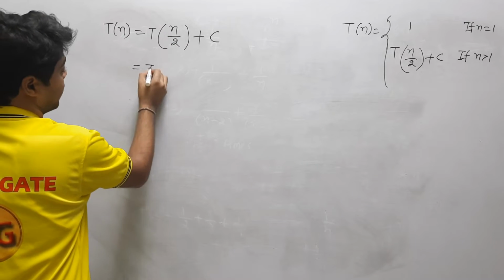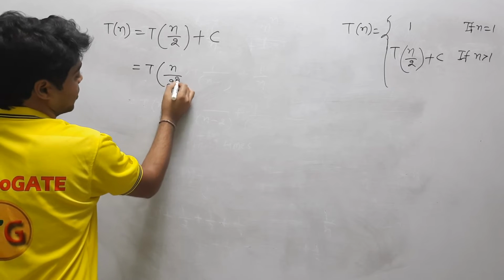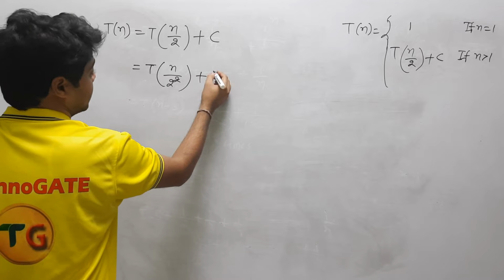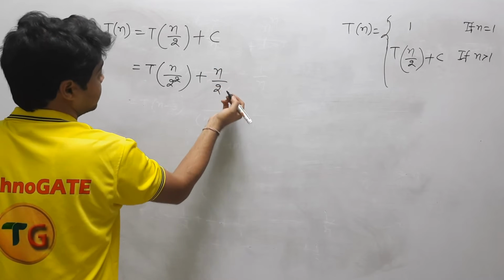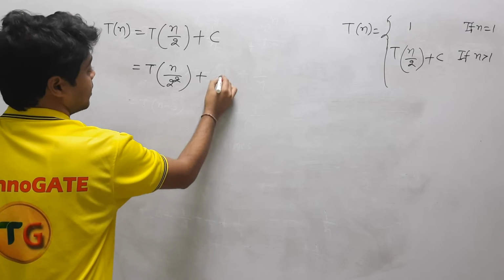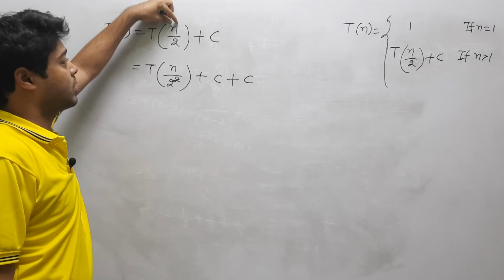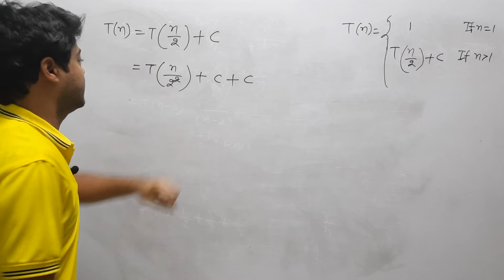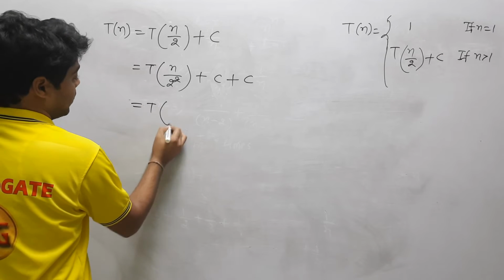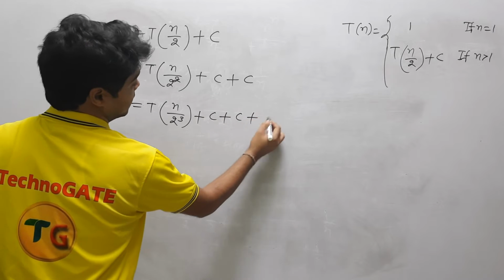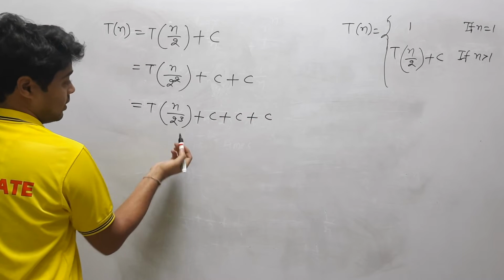So put n by 2 at the place of n: T of n by 2 square plus c plus c. Again T of n by 2 cube plus 3c.